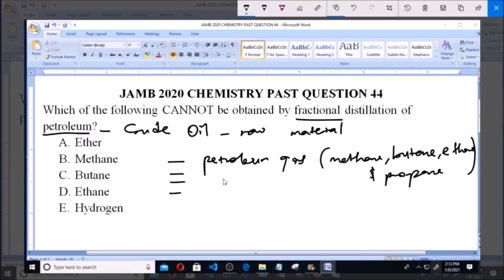Also, we have the ethers and ligroin. Then we have the petrol itself, that is the PMS.